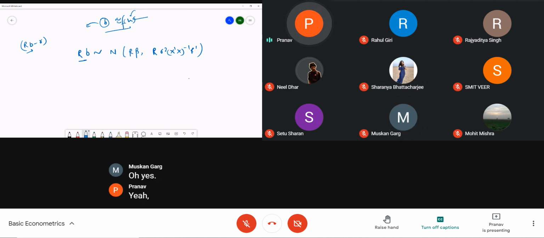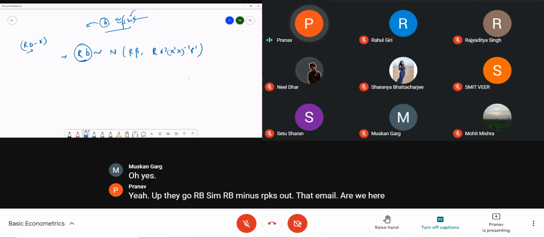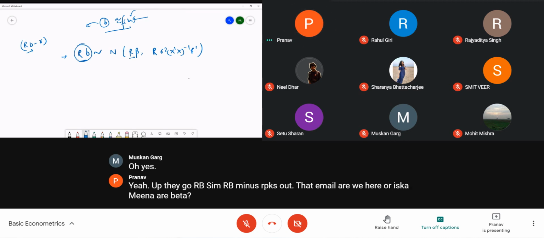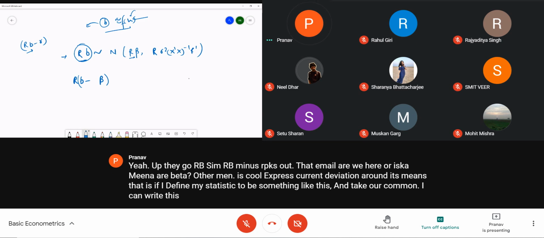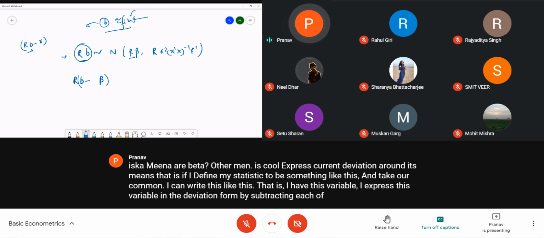Now look at how we go from Rb to Rb minus r. This is my Rb and its mean is R beta. If I express its deviation around its mean, that is, if I define my statistic to be something like this, and take R common, I can write it like this. That is, I have this variable, and I express it in deviation form by subtracting the variable around its mean value.